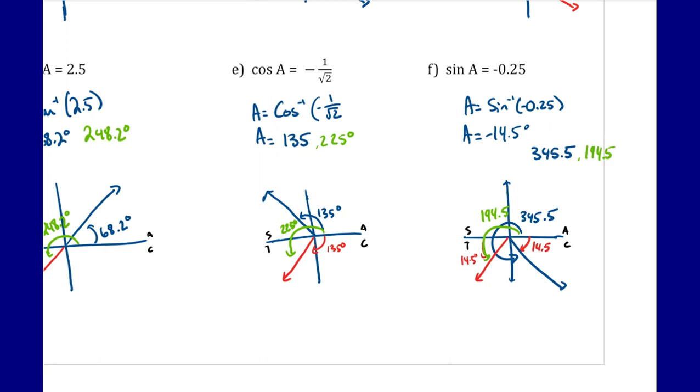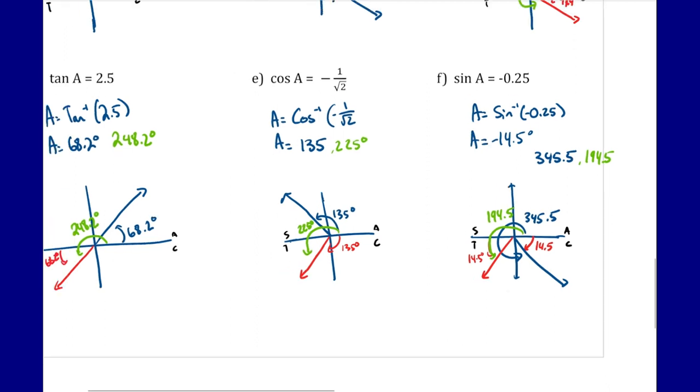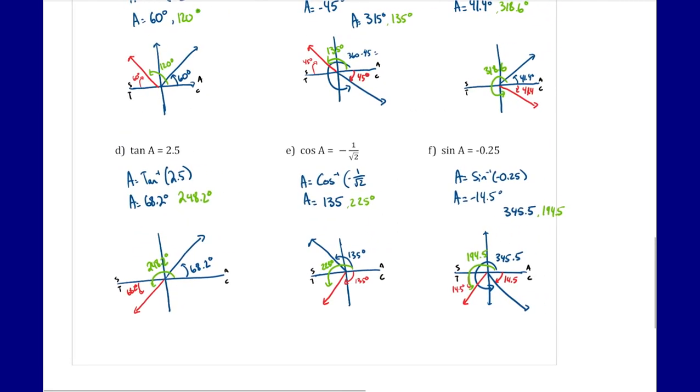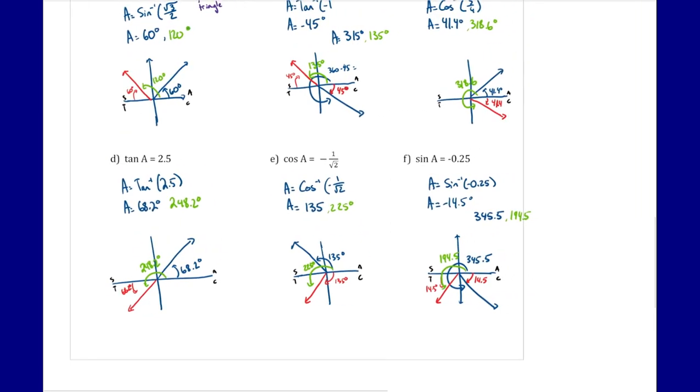So a little bit complicated, right? Depending on whether we get negative ratios or negative degrees, we have to work backwards. But it's all about using acute angles as references, and using the CAST system to help us figure out where our related angles would be.